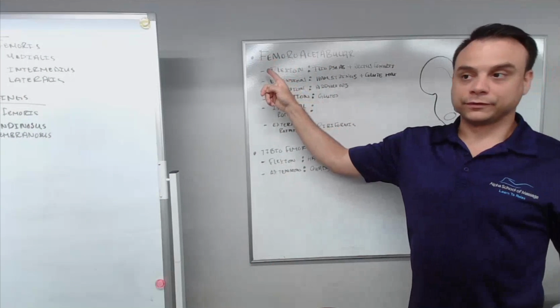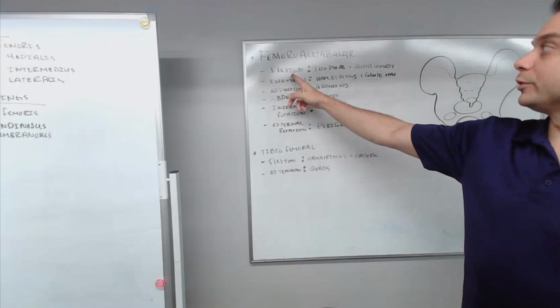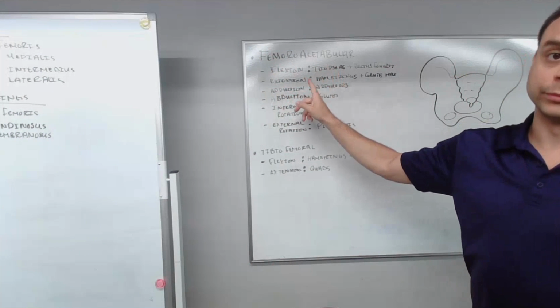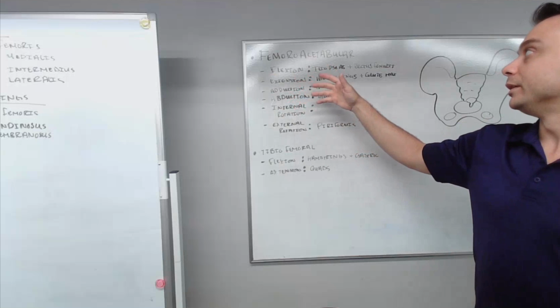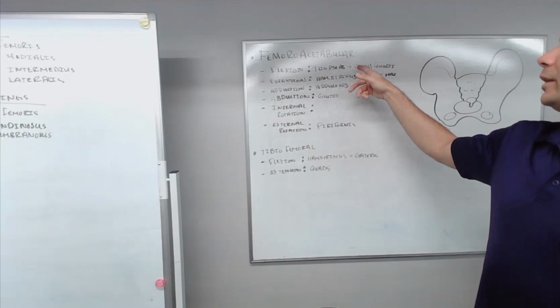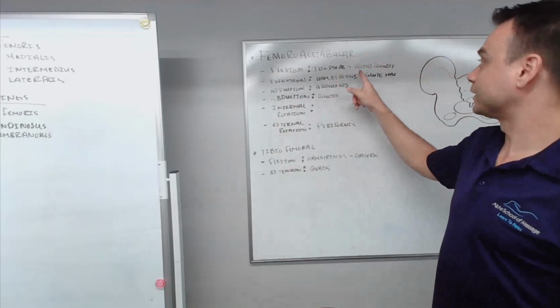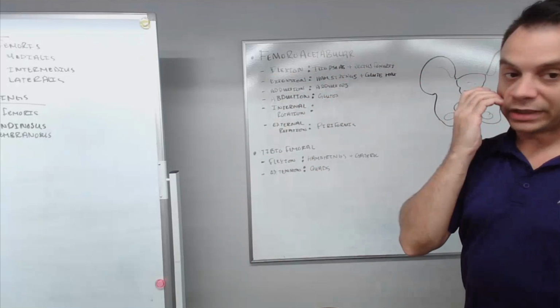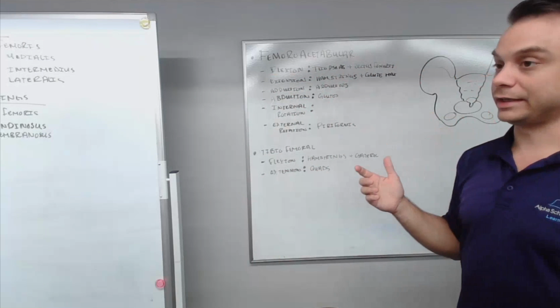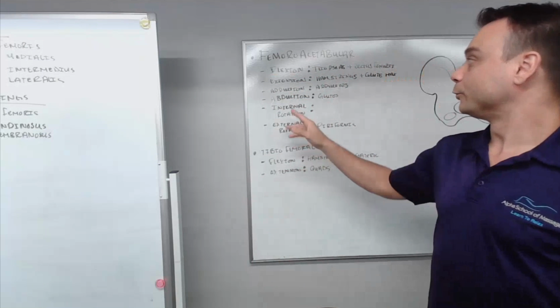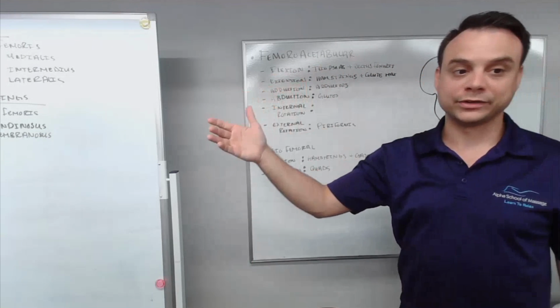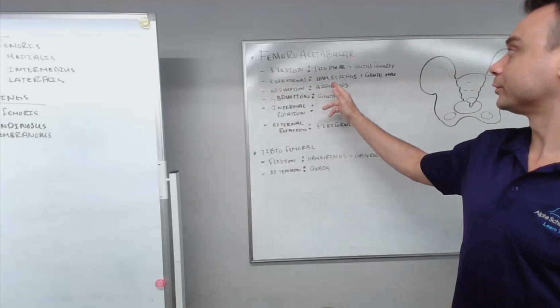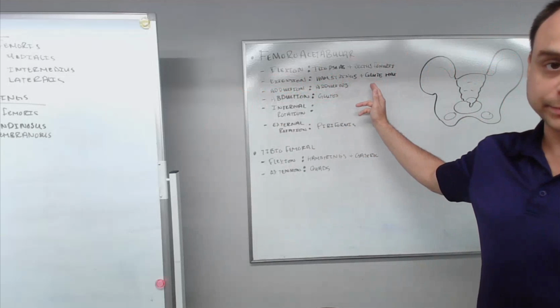Flexion of the hip is predominantly produced by the iliopsoas group that we'll take a look at later. Then, of course, we also have other additional muscles such as the rectus femoris, the sartorius, and minor others that will help and assist, like the TFL.